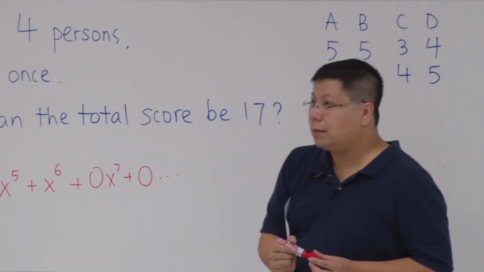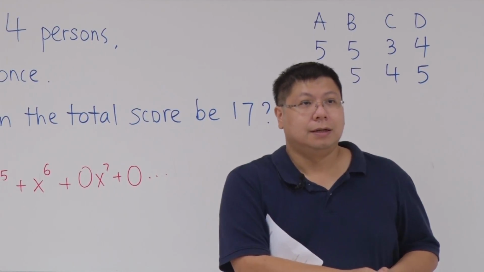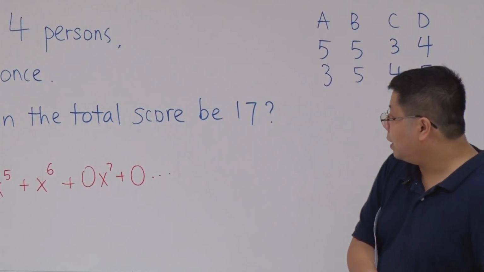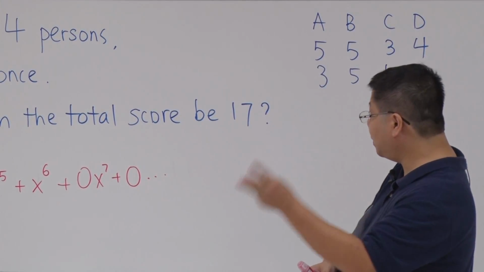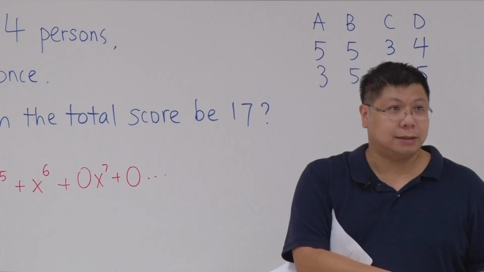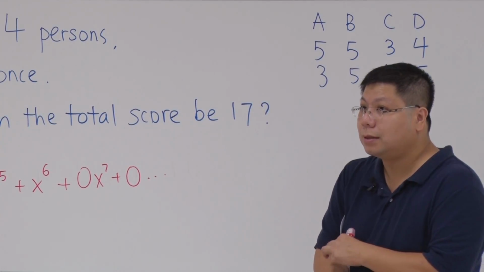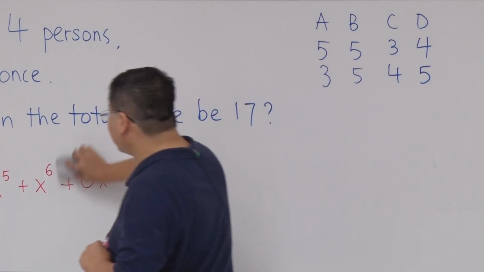So this is what happens to A. What A can do is A may be selecting 1, A may be selecting 2, A may be selecting 3, up to A may be selecting 6. And that's it. Okay, so this is the generating function for A.